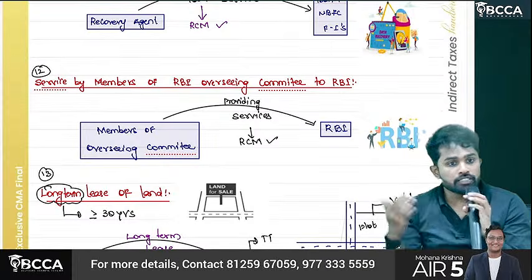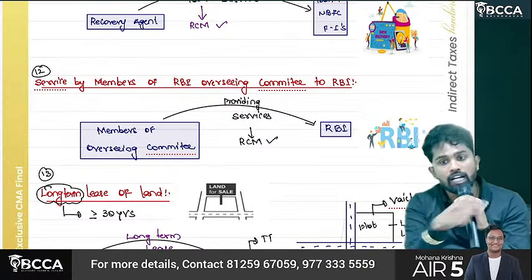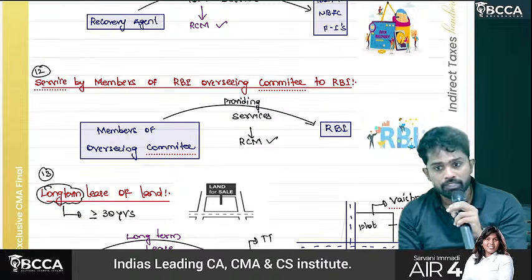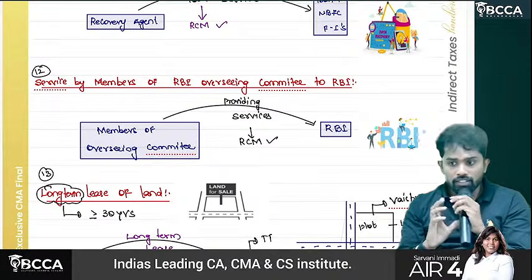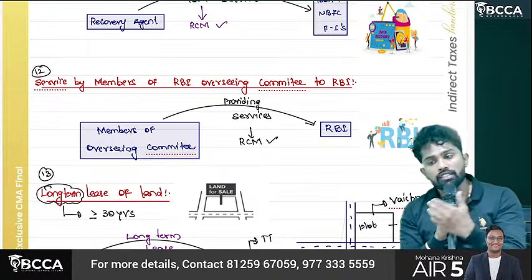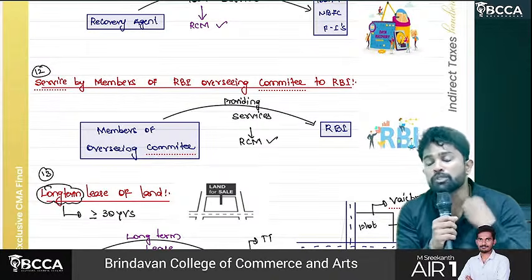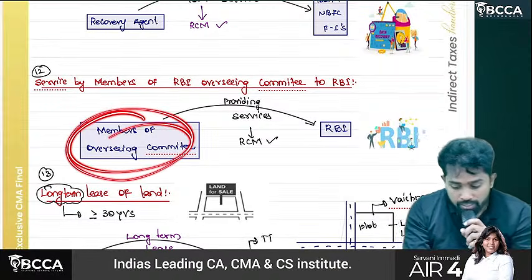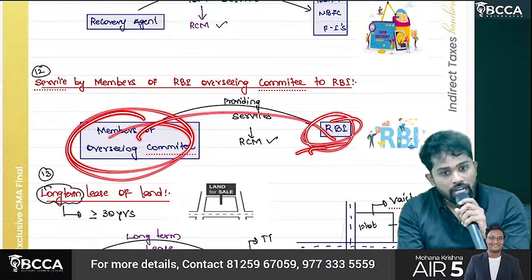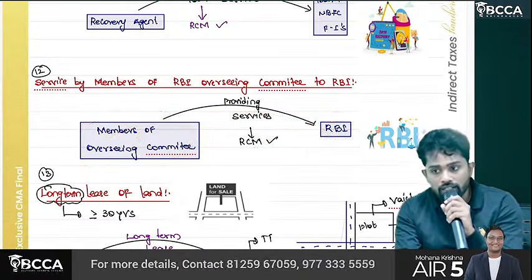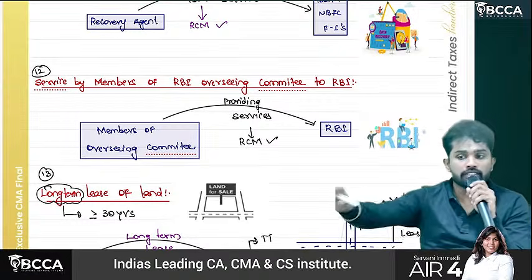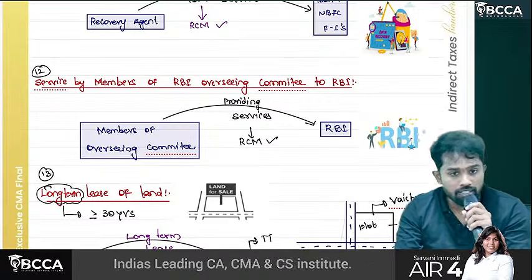All those experts are empaneled in the RBI overseeing committee. They will not work day to day for RBI. Whenever a decision has to be taken, they will come, participate in the meeting and put their views. So when members of the RBI overseeing committee provide services to RBI, that is covered under RCM.